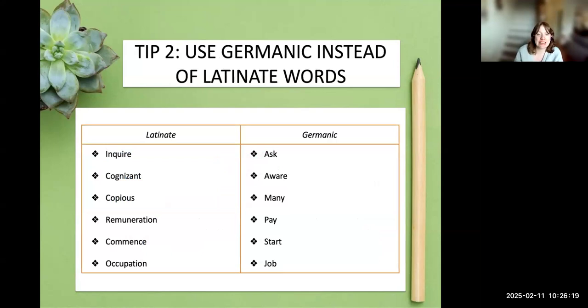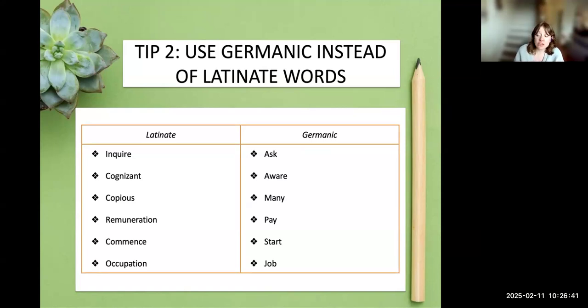Oh yes, Germanic instead of Latinate words. So this is quite interesting. From a historical linguistics perspective, I'm just gonna do a little segue, there has been historically a class division between Germanic languages, so languages that are derived from Proto-Germanic, and those of Latin origin.